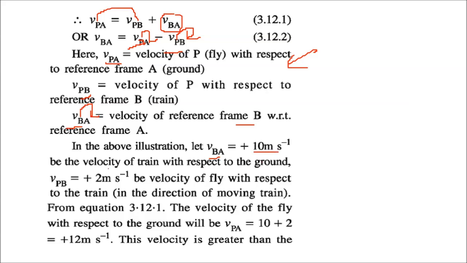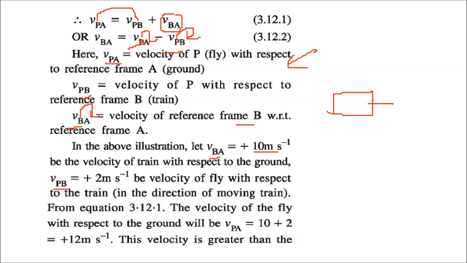This is the velocity of the train with respect to the ground. And if you take VPB equal to 2, which is the velocity of the fly.